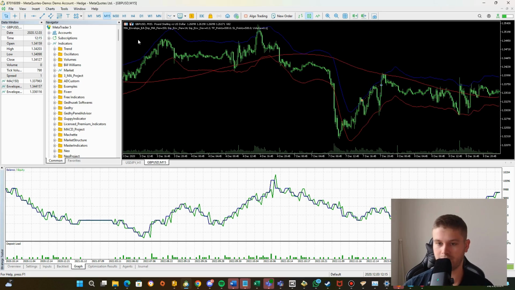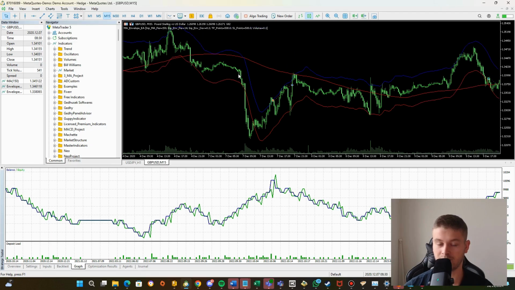So first thing I would say is that this EA is not mean reverting, but trend reverting, let's say. So it waits for a trend, then it waits for a pullback in the opposite direction. So if we are in a sell trend, for example, here, the price has to go above, as it did at this point, and then we are waiting for a pullback into the original trend.